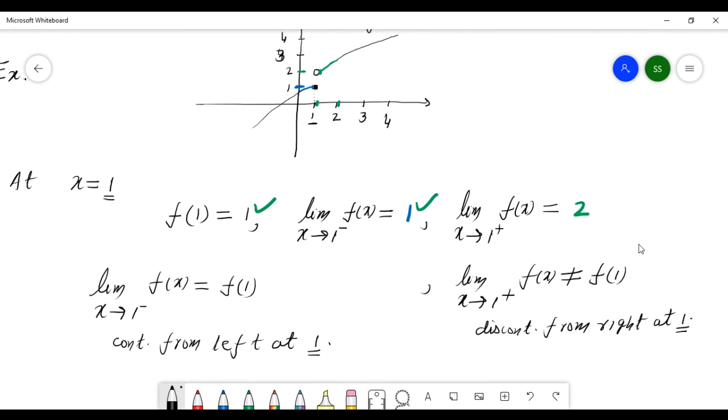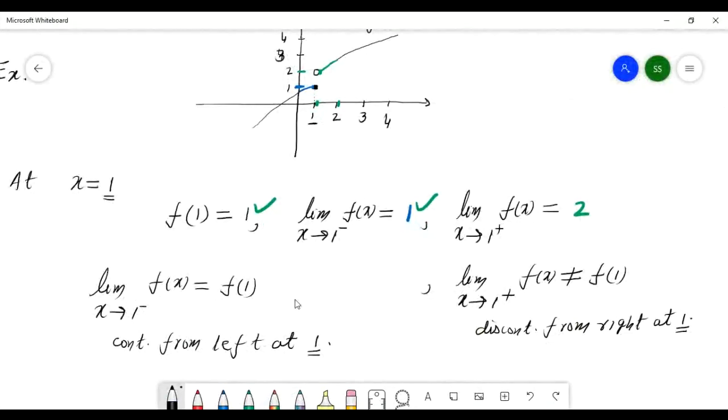You have to see that. That is the limit. Okay. This way. Now clear 100%? Clear 100%. Right. So this is the left limit and right limit, left continuity and right continuity.